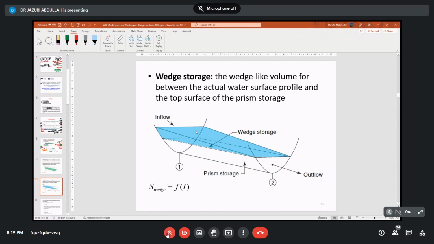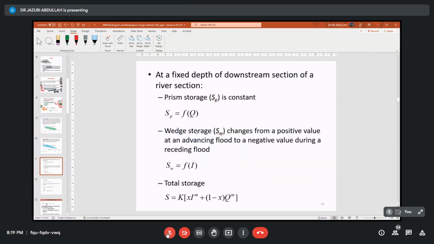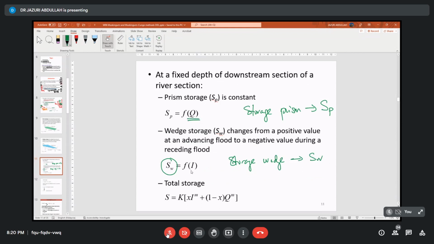Alright, no problem. So when we use the prism, we have SP, the storage of the prism. And SW is the storage of the wedge. So we have S as a function of Q, the inflow.